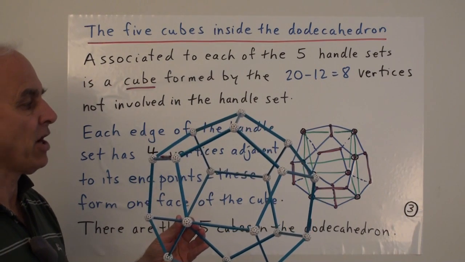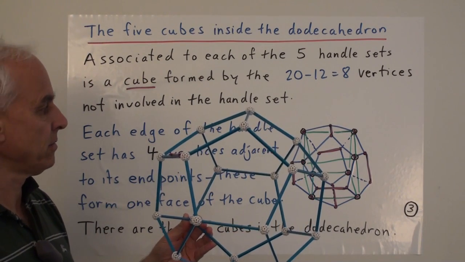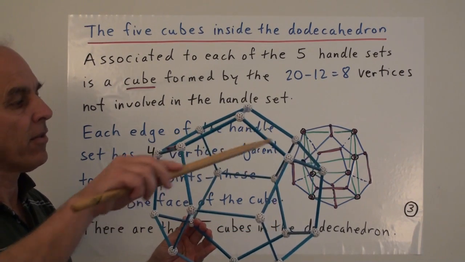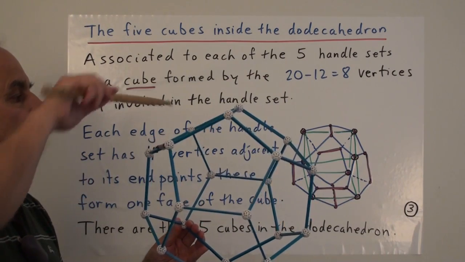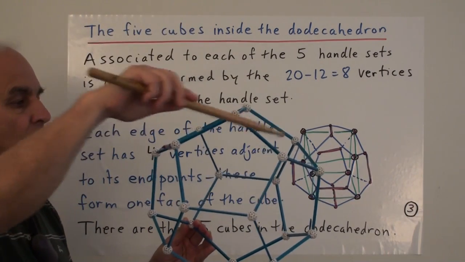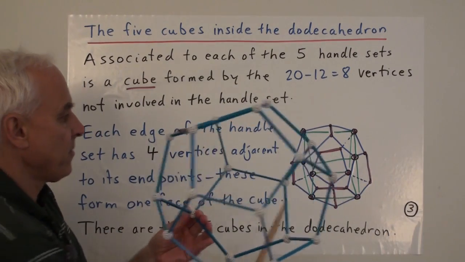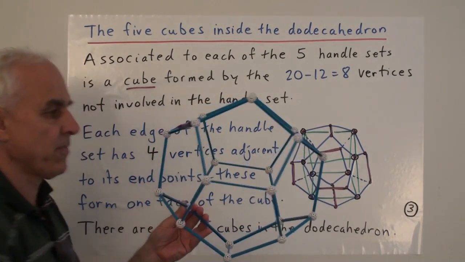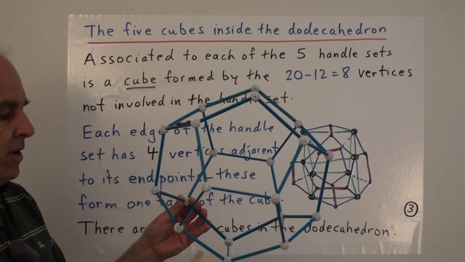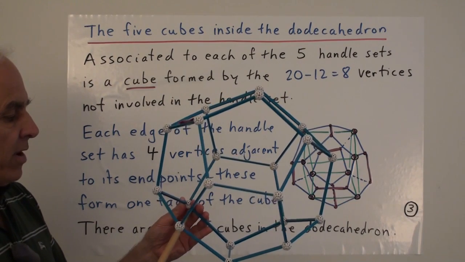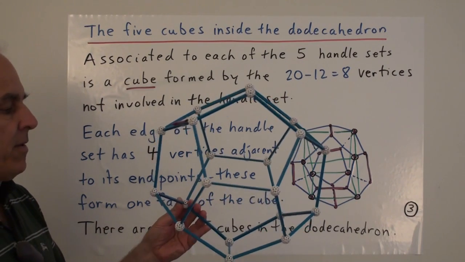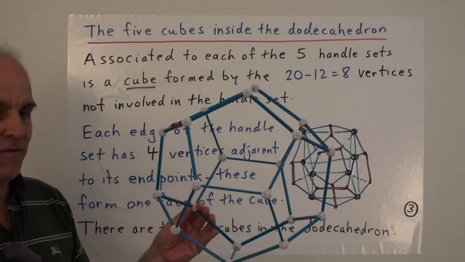Well, the vertices that are not involved are this one, this one, this one, and this one. They form the top face of a cube, together with this one, this one, this one, and this one, forming the bottom face of a cube.